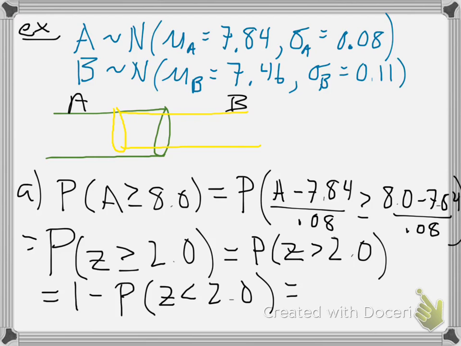And if I go to my normal table, and I just luckily happen to have a normal table in my back pocket, the area that corresponds to z equaling 2.0 is going to be 0.9772. So this is going to equal 0.0228, or a 2.28% chance.